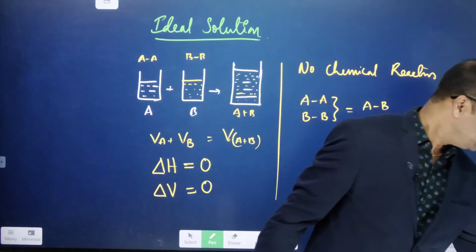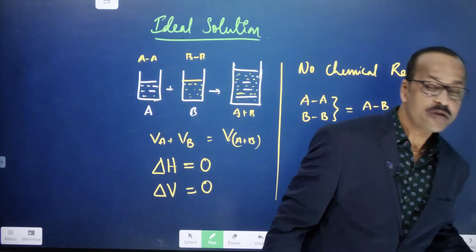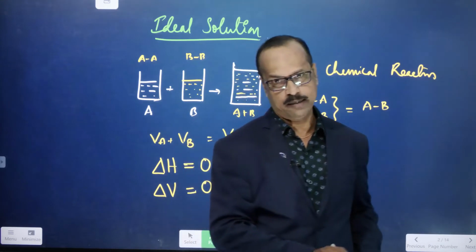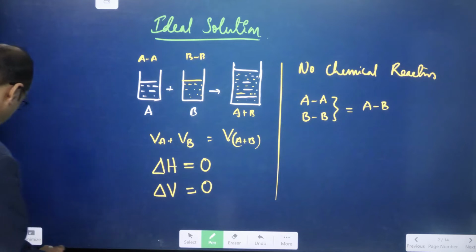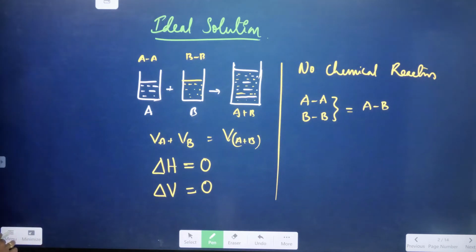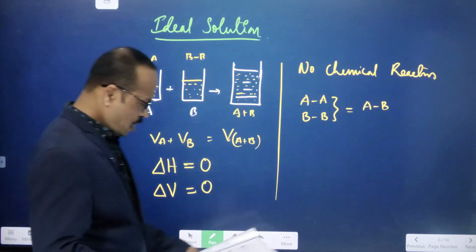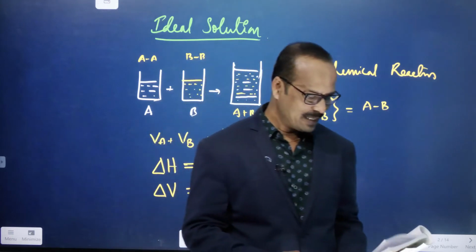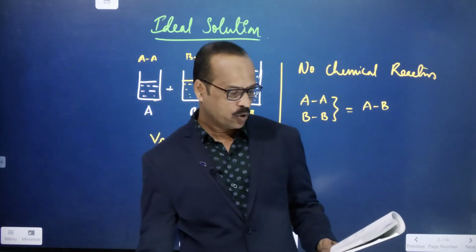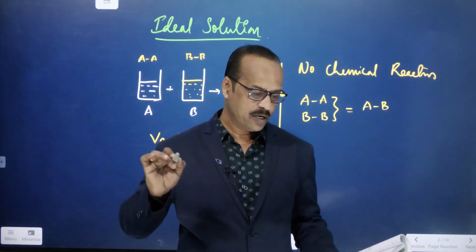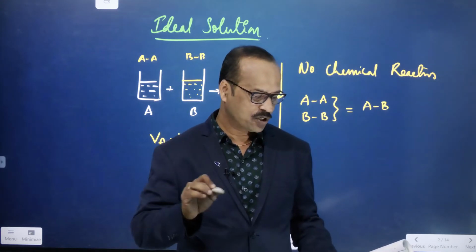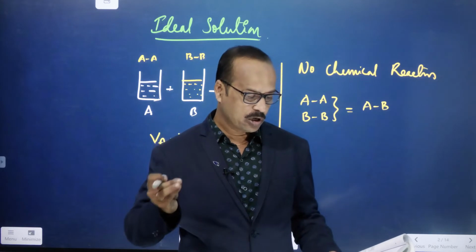So once you can see, students, if you have the material, page number 43, there is an ideal solution. Ideal solutions are the solutions in which solute-solvent interaction is similar to solvent-solvent interaction.